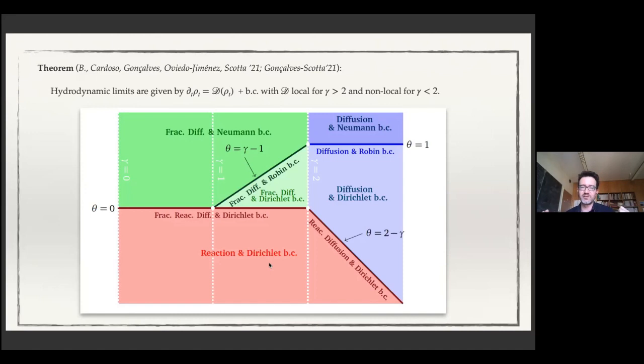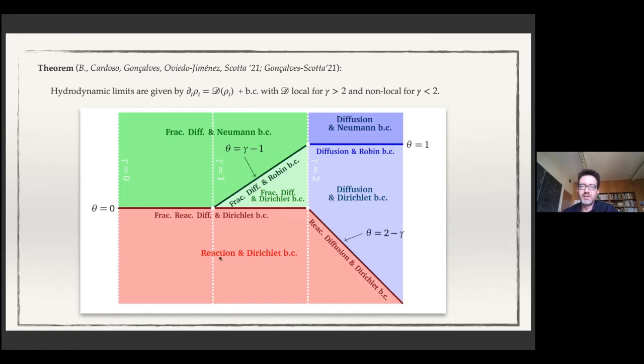They are injecting a lot of particles inside the system. And so, in fact, you don't see the motion of particles in the bulk, you just see the effect of the reservoirs. So in some sense, this regime is not very interesting. It's just the action of the reservoirs. So that is the case where gamma is bigger than 2. It is something quite well known.